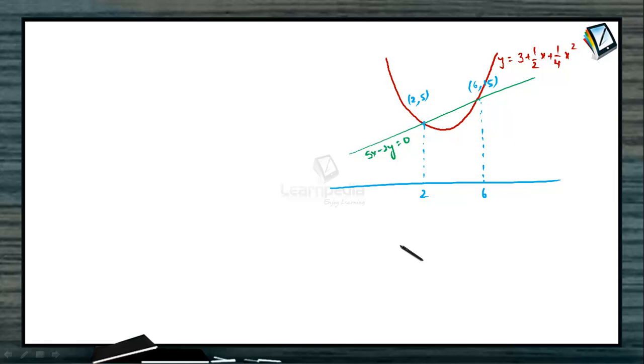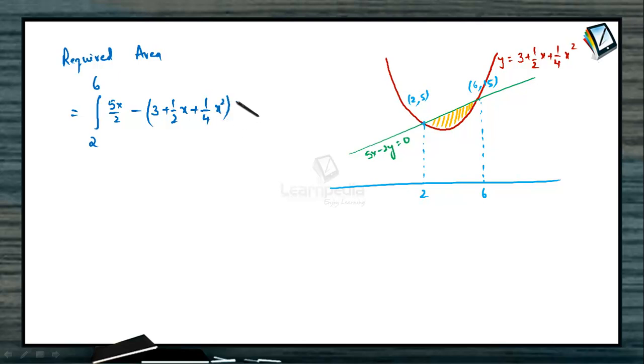Now what is the area of the region required? The required region is the area bounded between the parabola, that is g of x, and the line. Therefore, the required area is integral 2 to 6. Now the straight line is lying above the parabola. So it would be 5x by 2 minus the parabola equation 3 plus half x plus 1 by 4 x square, dx.